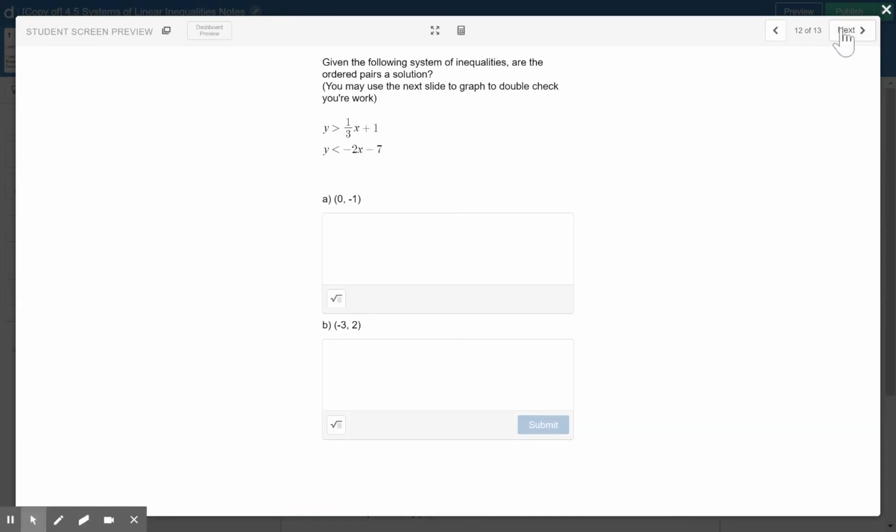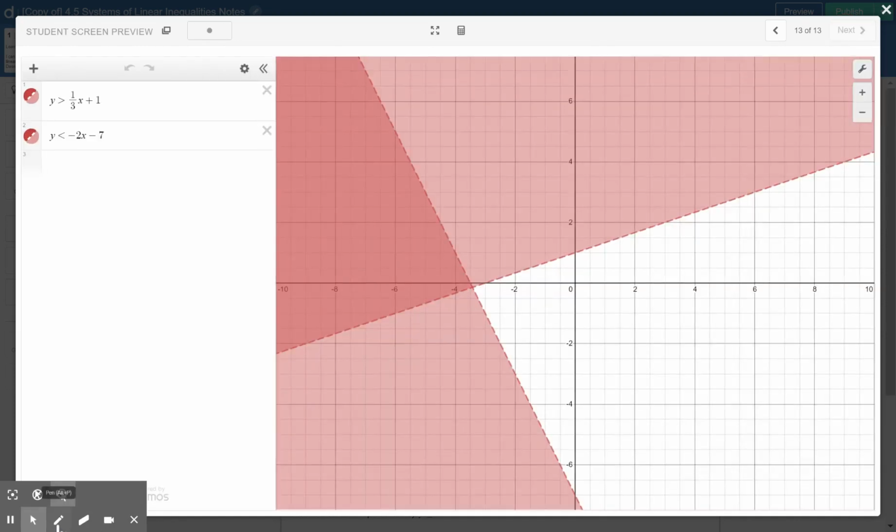Let's look at negative 3 comma 2. No. Negative 3, 2 is not in the double shaded. So that would not be a solution.